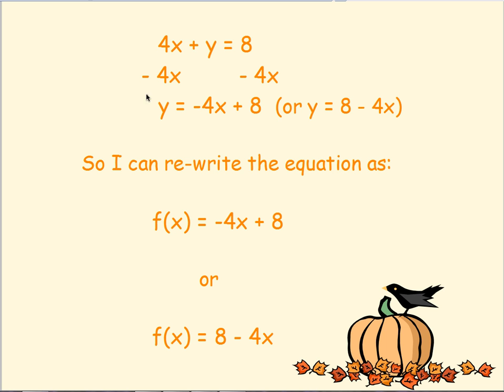So I can write it as y equals negative 4x plus 8, or I can write it as y equals 8 minus 4x. Either way is fine. Slope-intercept form is a little better, however. And now I can rewrite that equation in function notation either as f of x equals negative 4x plus 8 or f of x equals 8 minus 4x. Both are good.